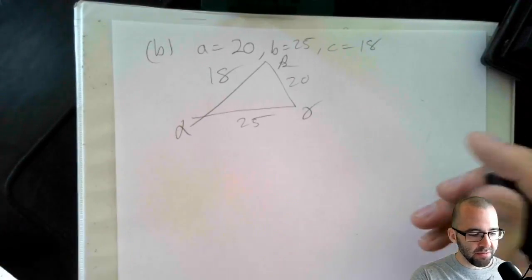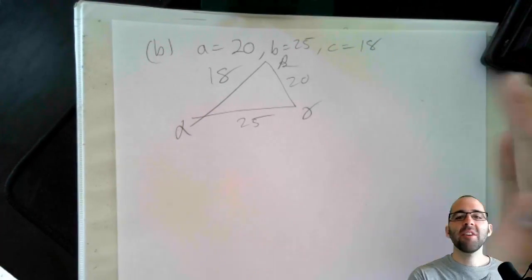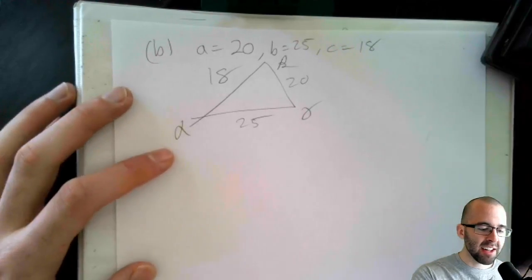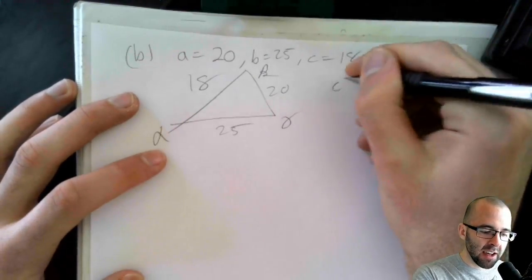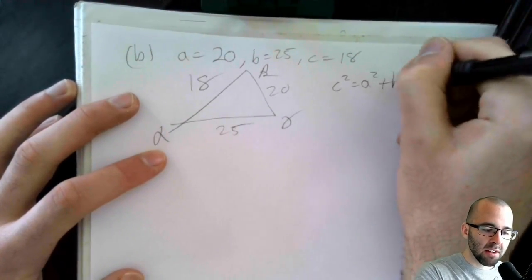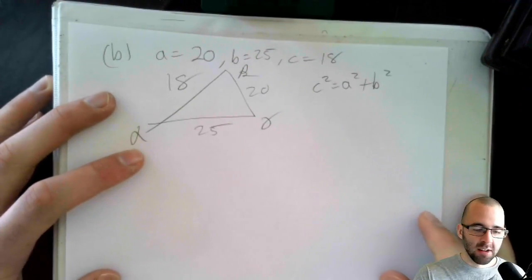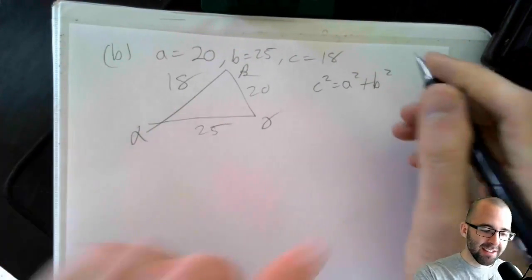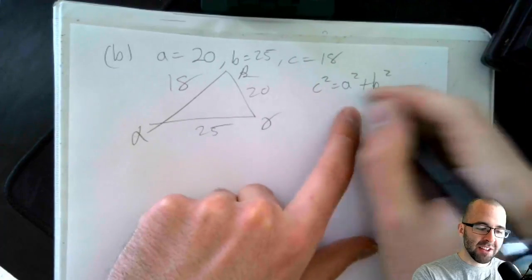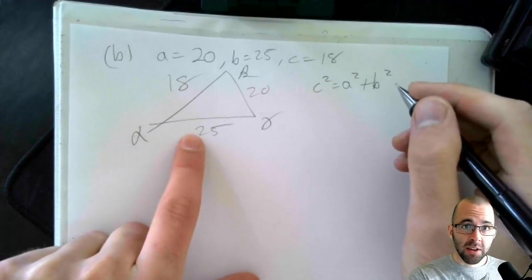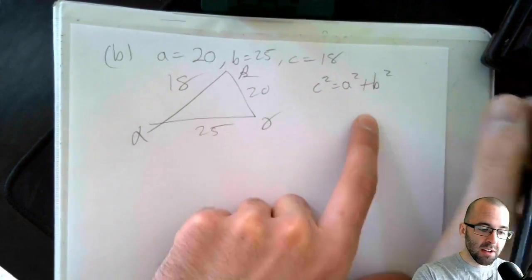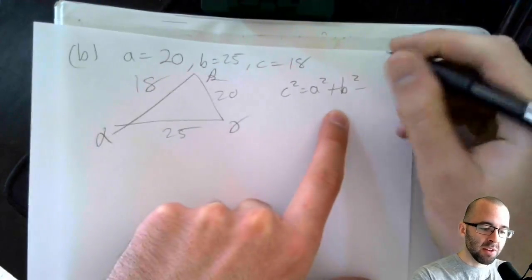I don't know. Well, let's use the Pythagorean theorem one. I like that one, right? A squared plus B squared equals C squared. But again, right, this is only for right triangles. These are not right triangles. So we have to use law of cosines.